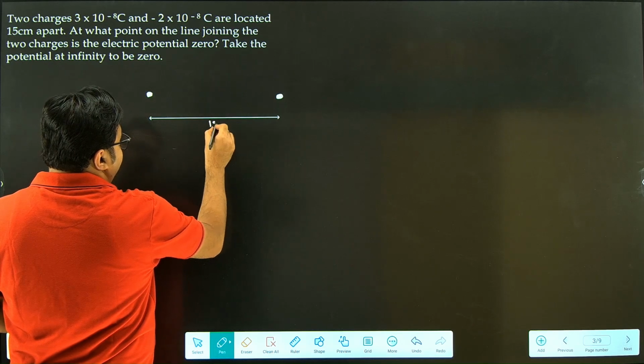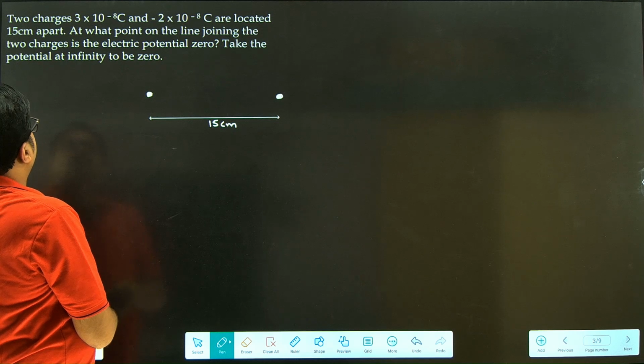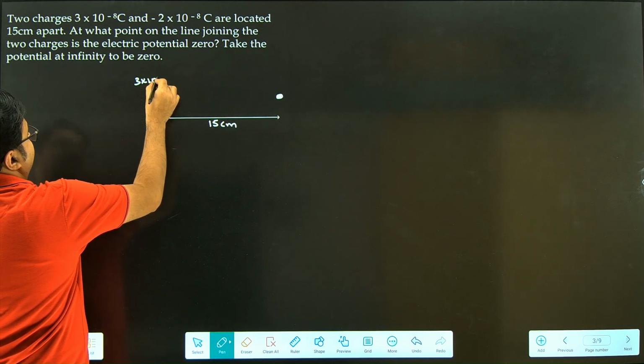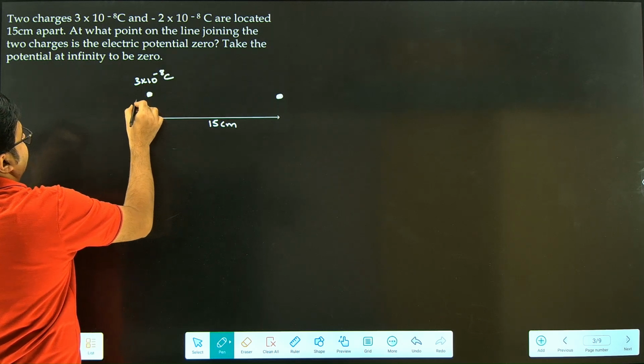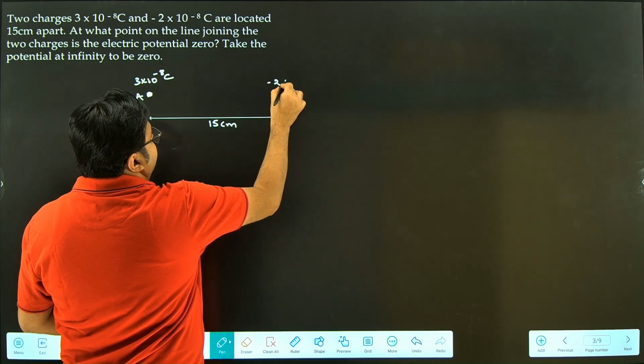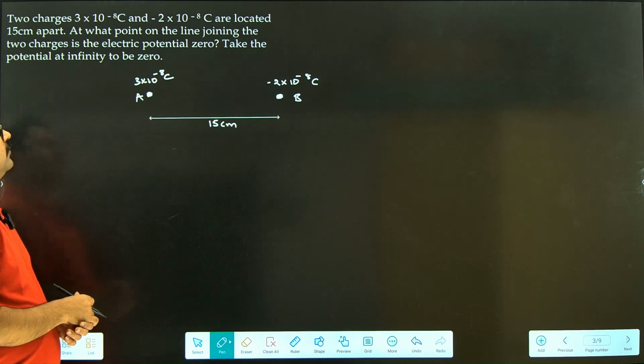So I shall write 15 centimeter between them. Okay. One of the two charges is 3 into 10 to the power of minus 8 coulomb. I'll call that point A. And point B has got minus 2 into 10 to the power of minus 8 coulomb. That's the charge.